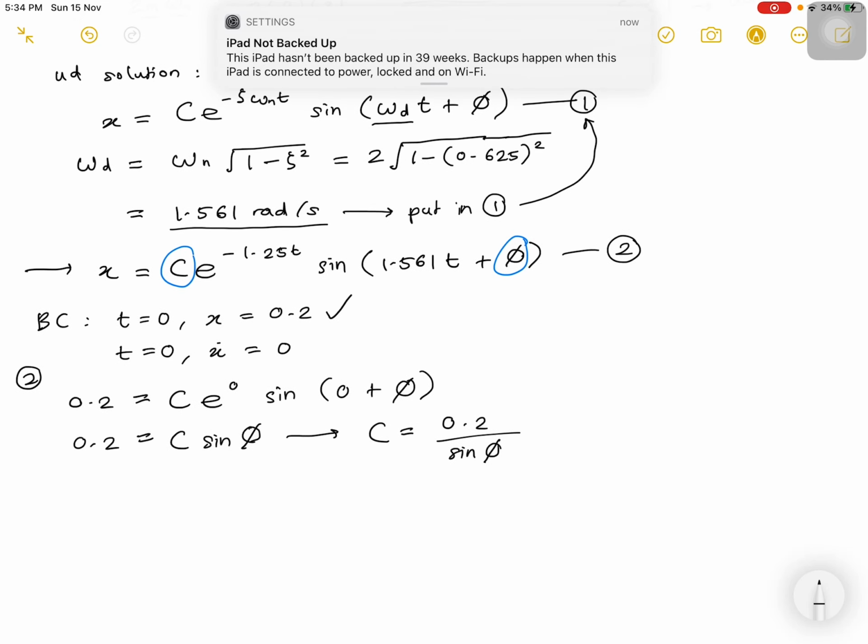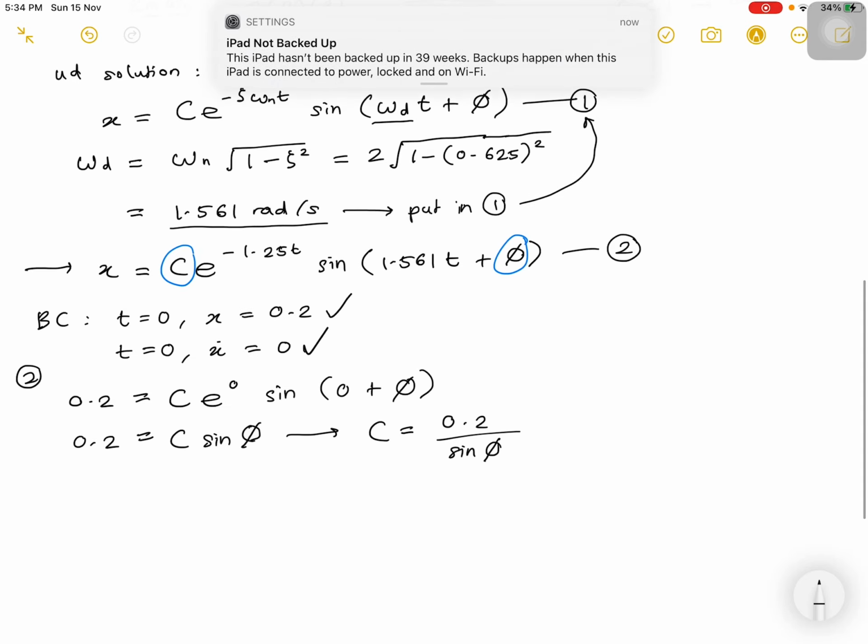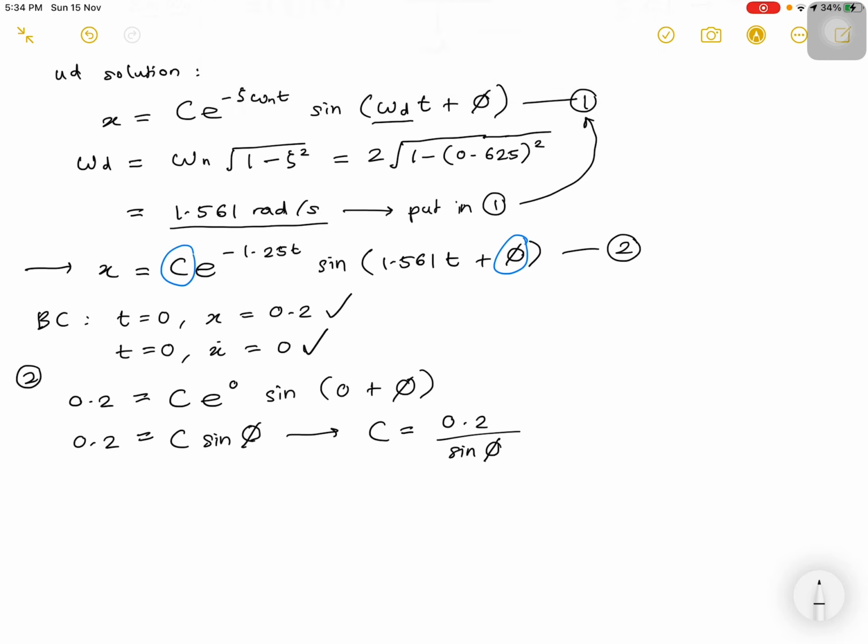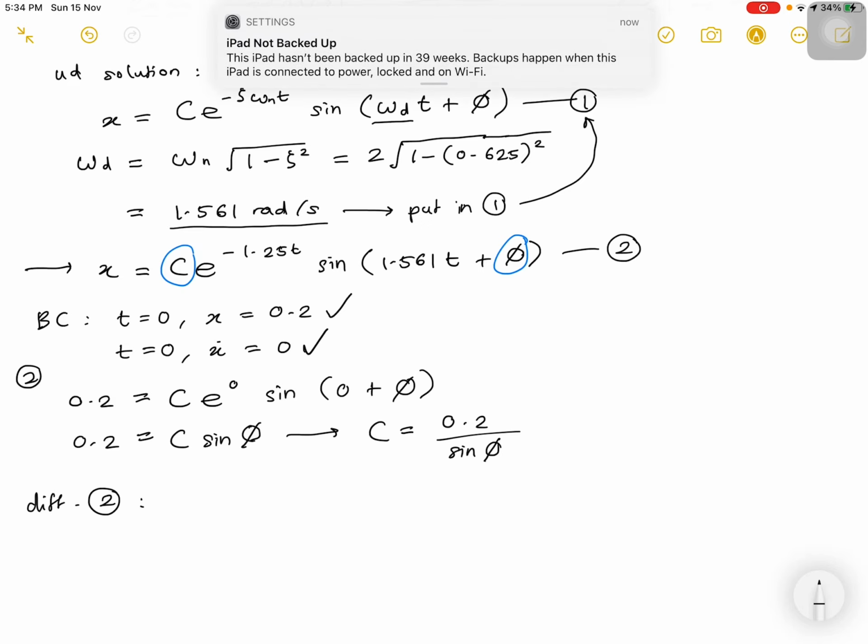And now we still cannot find the value of c and psi. Don't worry about that. Now we can use another boundary condition. But before that we need to differentiate equation 2.